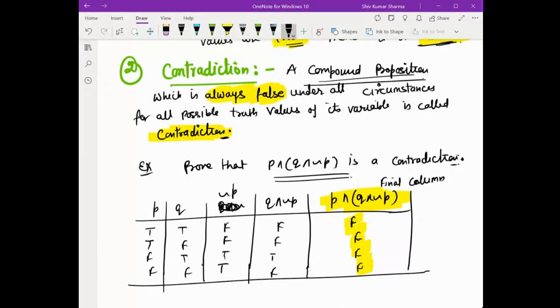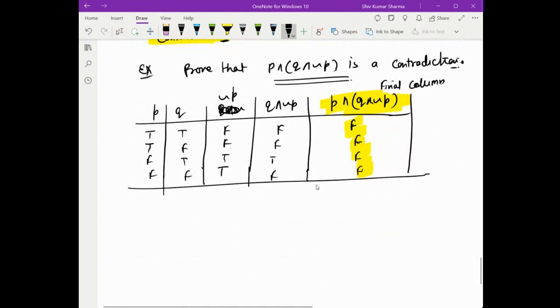So we can define contingency; we just take 2 minutes for defining the third. You note down contingency.